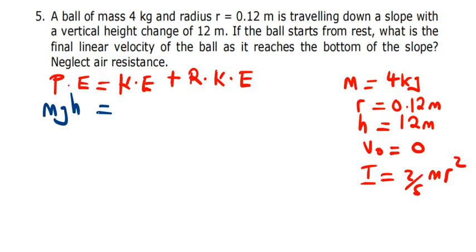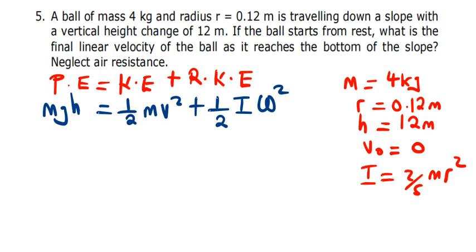Now your kinetic energy, you know that it is half mv squared, plus, because you have the rotational kinetic energy, it is also going to be half, but in this case, your moment of inertia multiplied by your angular velocity squared. So basically this is the formula that we have.